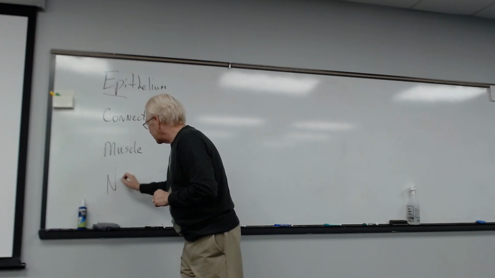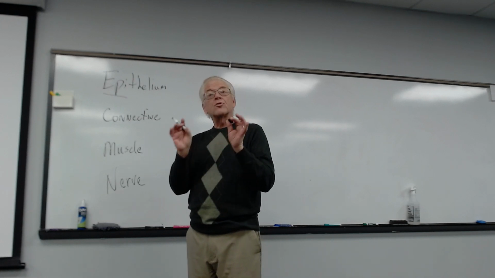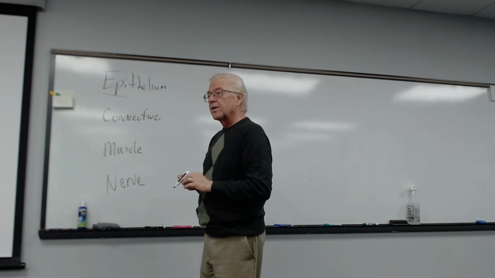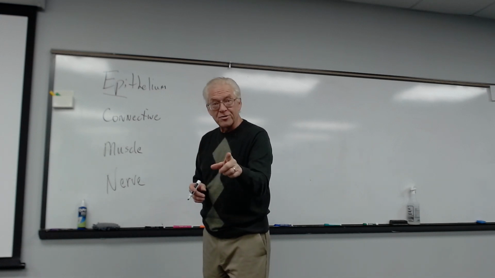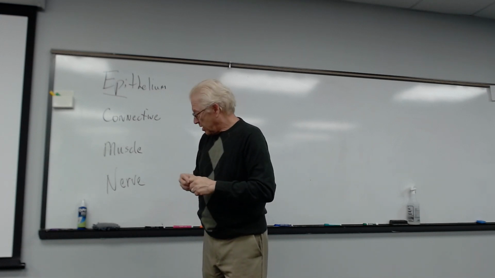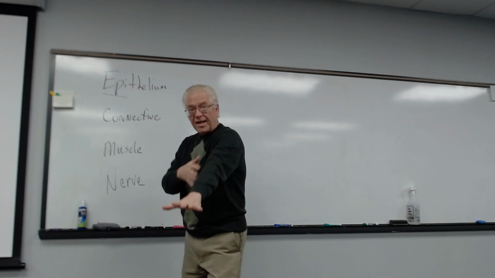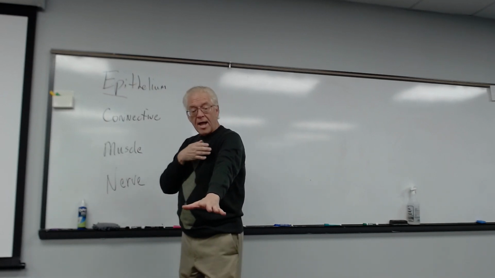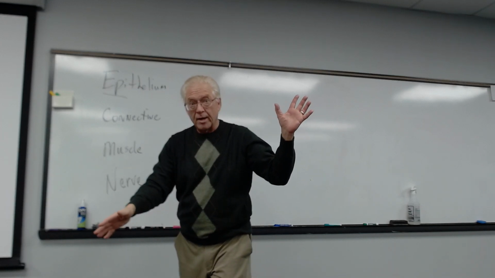And the last type of tissue is your nervous tissue, your nerves. They have a very specific function: send a message. Your nerves either send sensory messages, ow, that's hot, or a message that says, hey, get your hand out of there, you dummy, okay?